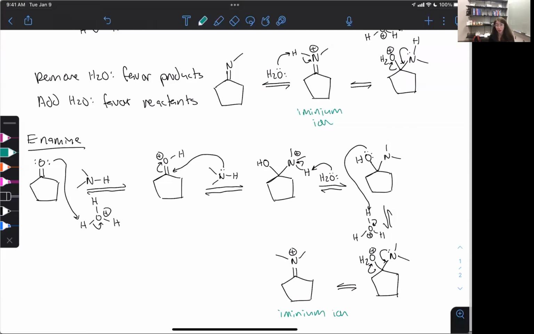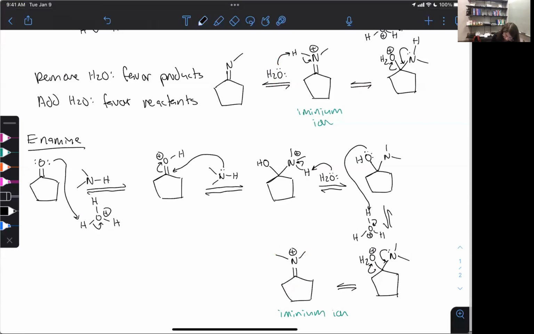So the problem here is that in the previous situation, we had an H on that nitrogen, which we were able to just deprotonate and get to the imine. Here, we don't have a hydrogen on the nitrogen atom. We only have carbons. So we cannot just deprotonate it and get it to a neutral species, but it does want to be neutral.